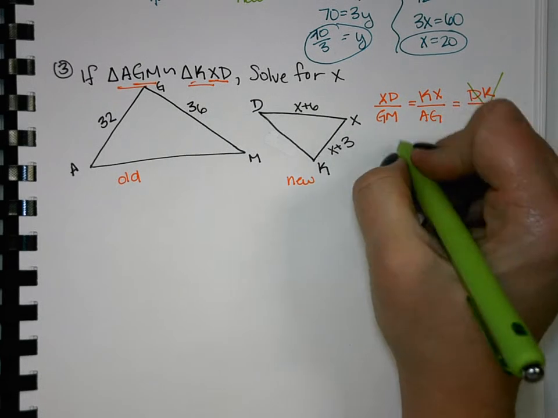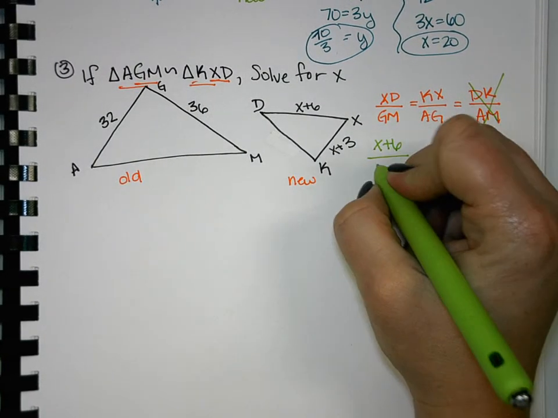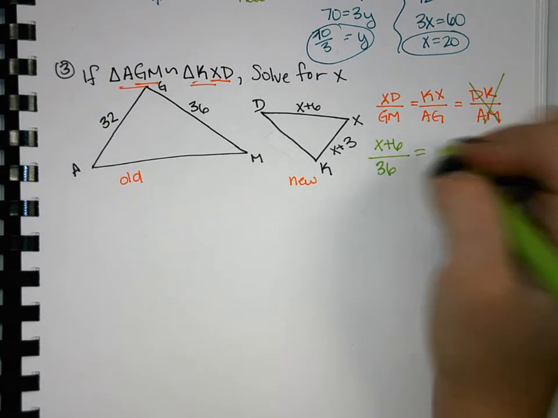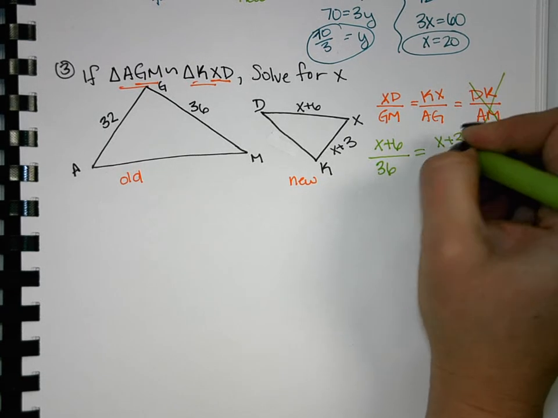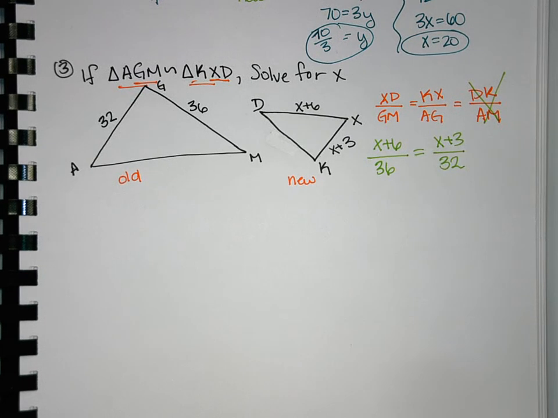It's x plus 6. What do we know about GM? It's 36. What do we know about KX? It's x plus 3. And what do we know about AG? It's 32.